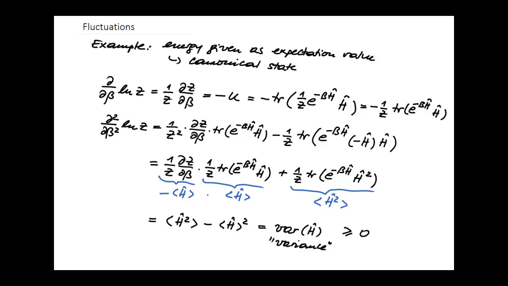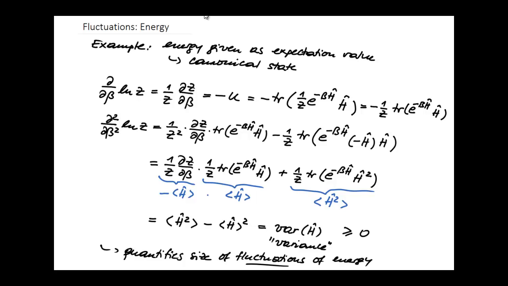So what you find is that there's a relationship between a second order partial derivative of the log of the partition function and the variance of the Hamilton operator. And this is a measure for the size of the fluctuations of energy. Yeah? So the variance is a measure, or it quantifies the size of the fluctuations of energy.